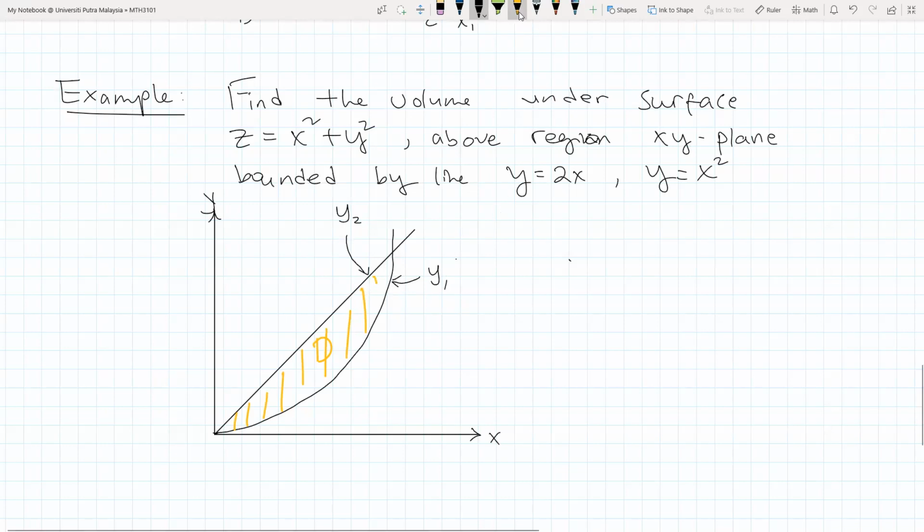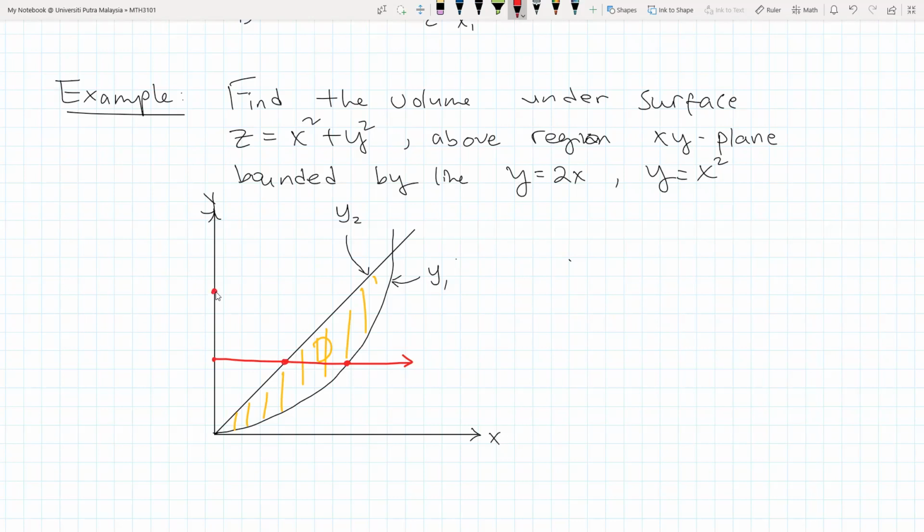Okay, let's check its type. If you fix the y axis and run through the x axis, we enter at line y2 and exit at line y1.